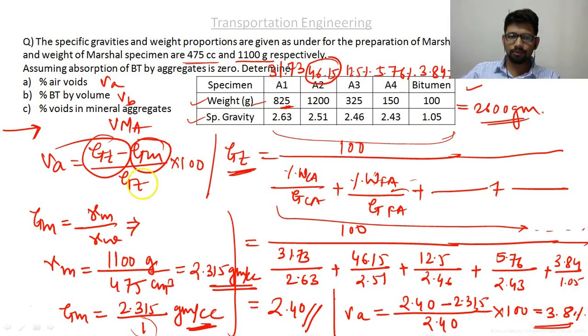The book calls VA as VV. Since it is air, I have written suffix A. It is interchangeable, no doubt. So please understand the meaning of these things. We have calculated VA, the percentage air voids, equal to 3.8%.